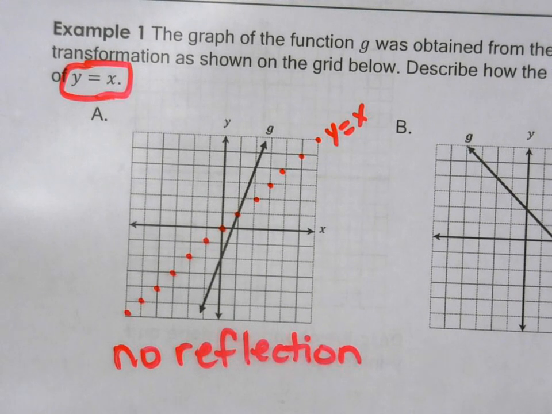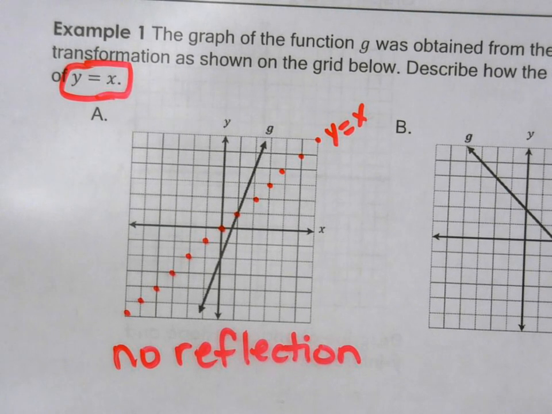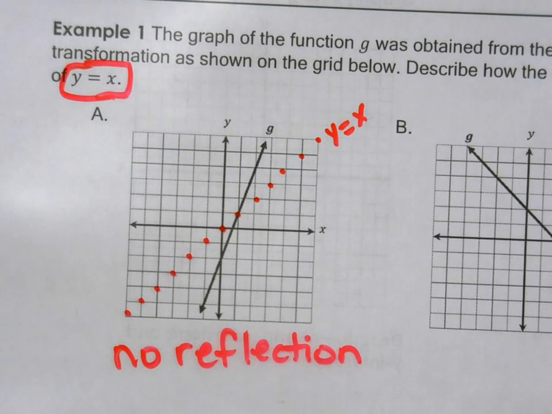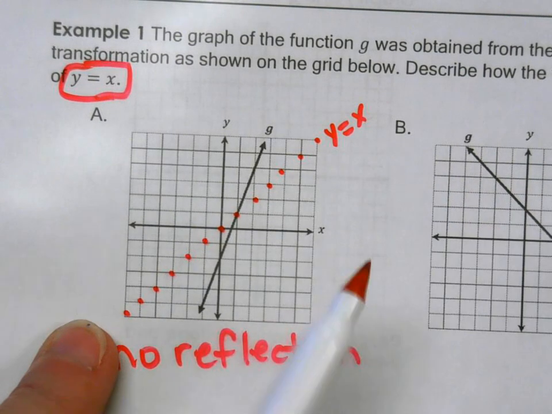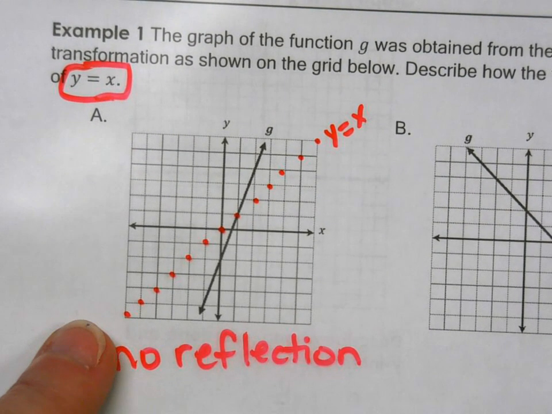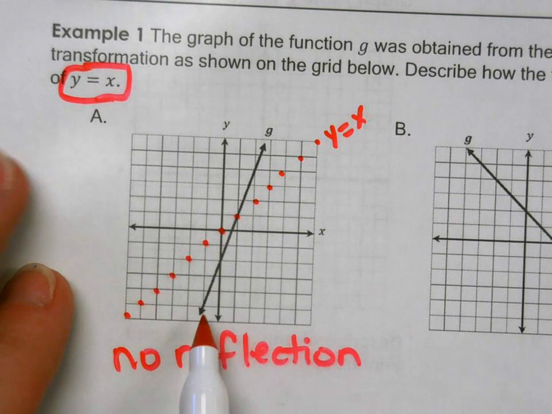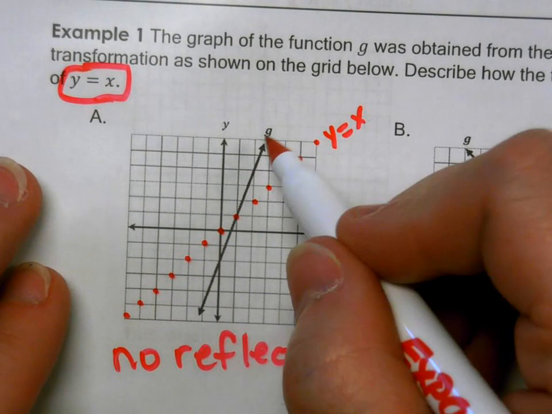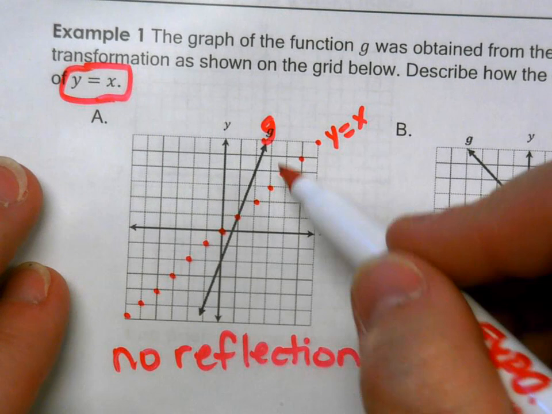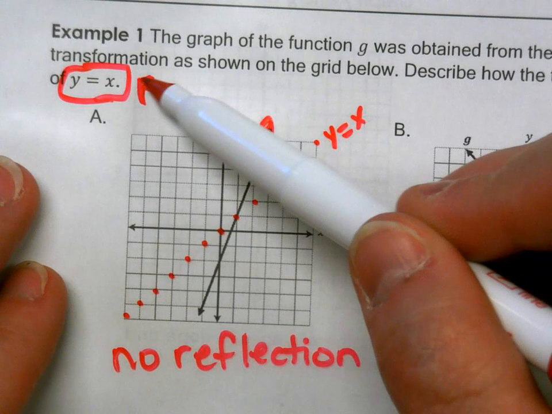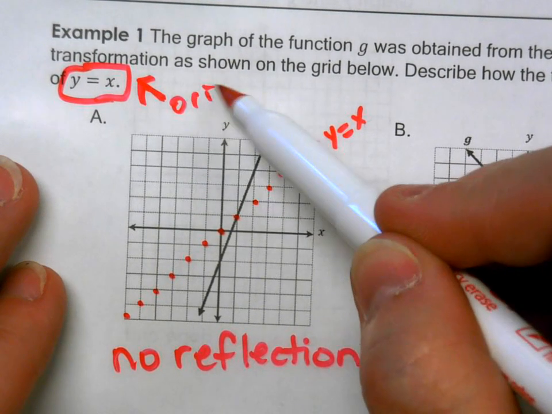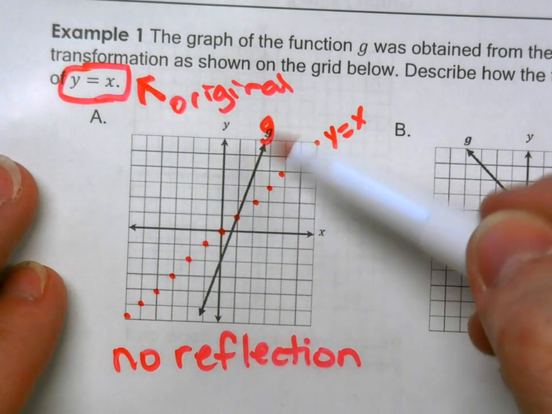So did my graph get more steep or less steep? I'm comparing from my original graph to my new graph. My new graph is the one that they graphed for me, the g right here. My dotted line is what it changed from. So that's my original to my new one.